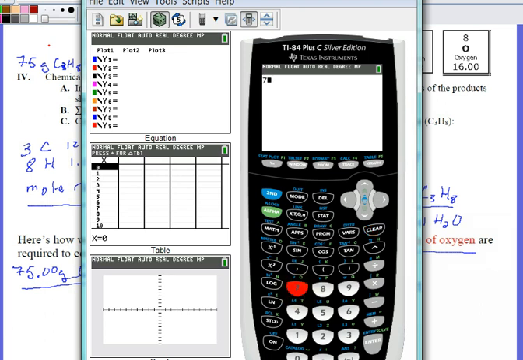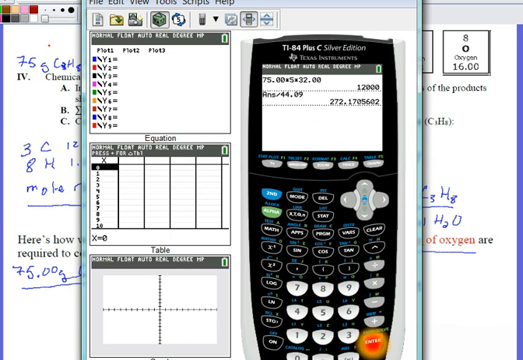You have your 75.00 grams. As you're working your way across there, the next thing is I would go across the top, and I say, oh, I have to multiply that by 5, because the 5's on the top with it. And I've also got to multiply that by 32. And then I have to divide that by what's on the bottom, which is your 44.09, your molar mass of propane.